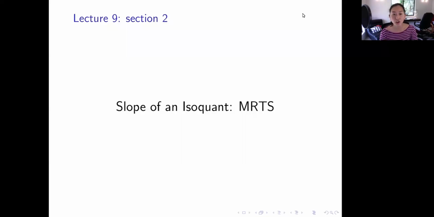Now, in this section 2, we will be discussing the slope of an isoquant, which is called MRTS, or the marginal rate of technical substitution. Similar to the indifference curve for the consumer, the slope of the indifference curve is the marginal rate of substitution, right?